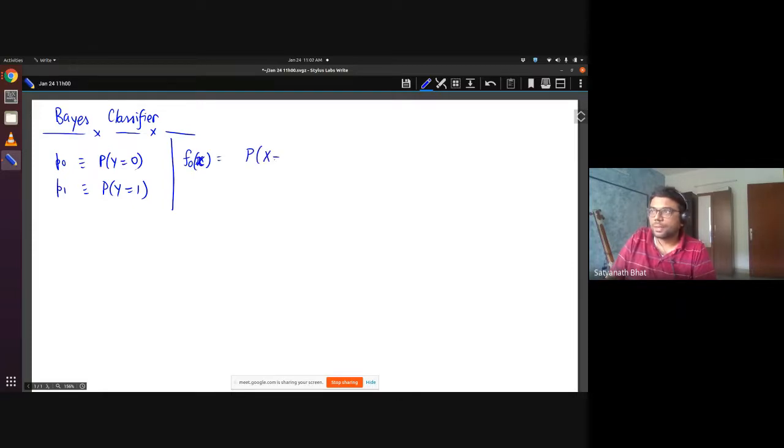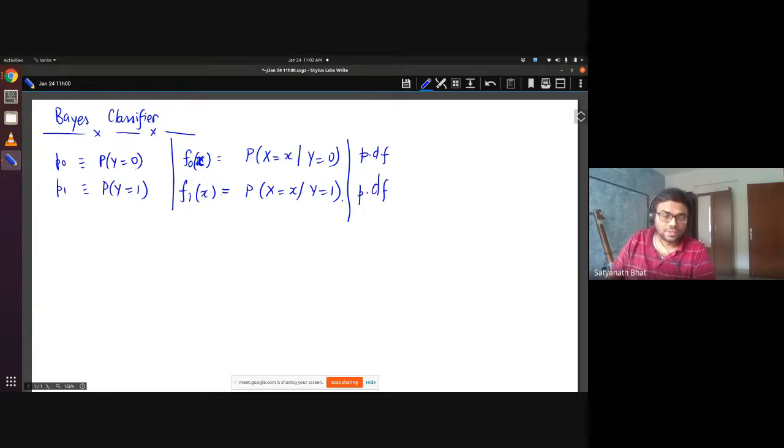What is the probability that it is small x given class is 0? What is the probability that this is small x given that it is 1? So this is if it is discrete. If it is continuous, you will have densities. This will be a probability density function.